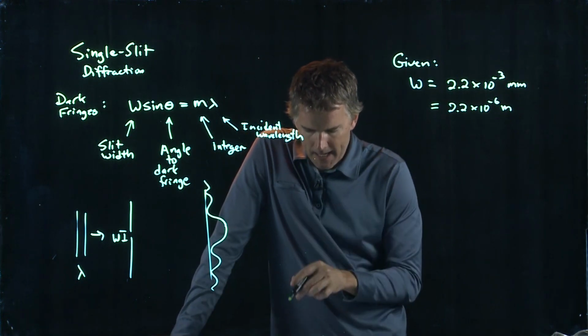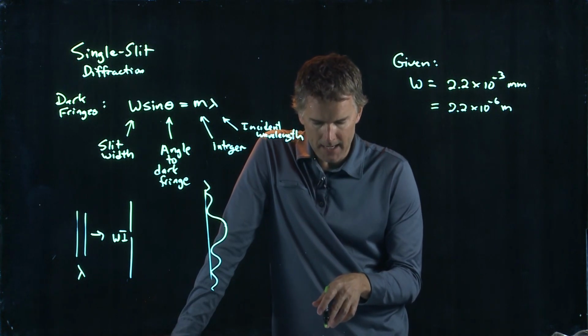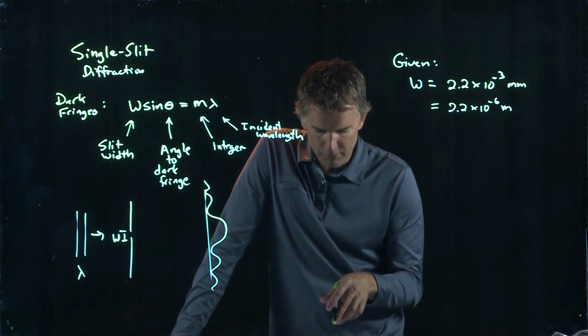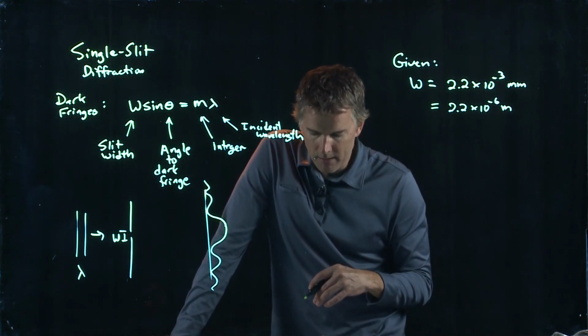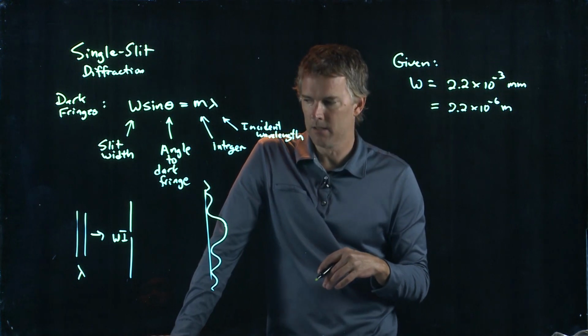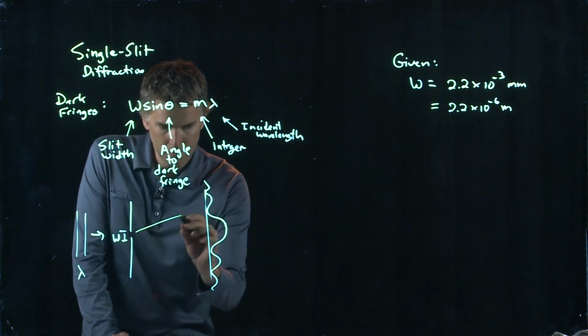It says, if the angle between the first dark fringes on either side of the central maximum is 28 degrees, dark fringe to dark fringe, what is the wavelength of the light used? So what they're saying is this.